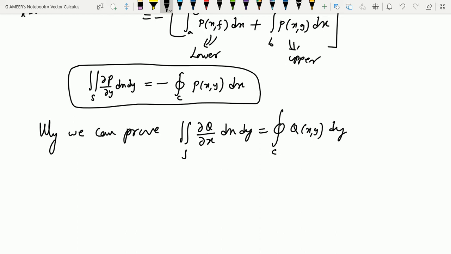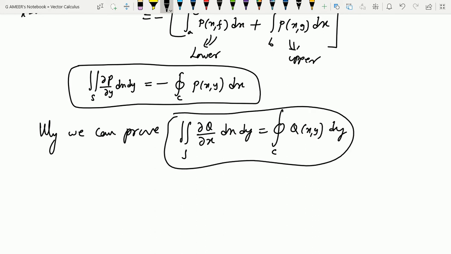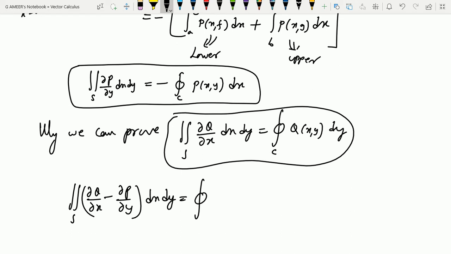Finally, if I subtract them, this is what I can prove. Let us subtract them. On the left hand side, what I have is the surface integration of dou q by dou x minus dou p by dou y, into dx dy, equal to the integral of q(x, y) dy plus p(x, y) dx.